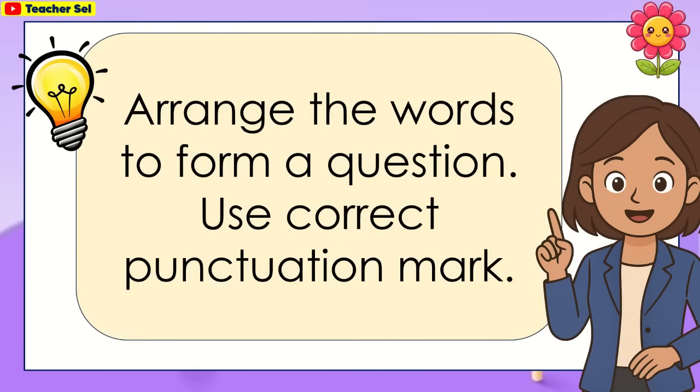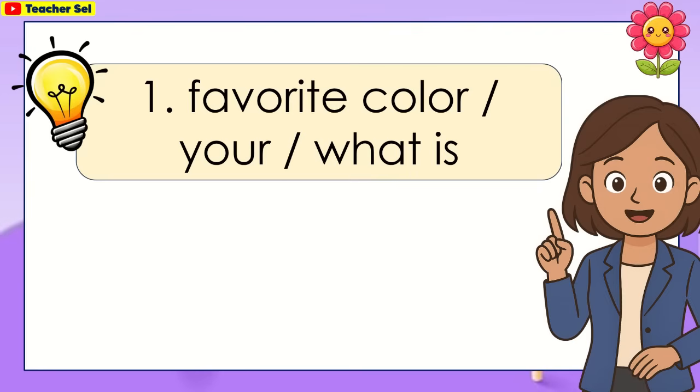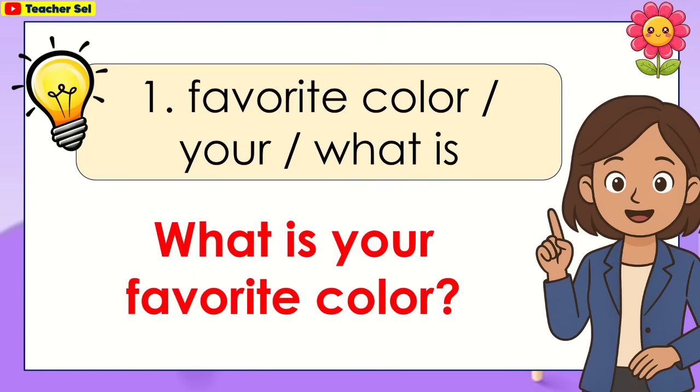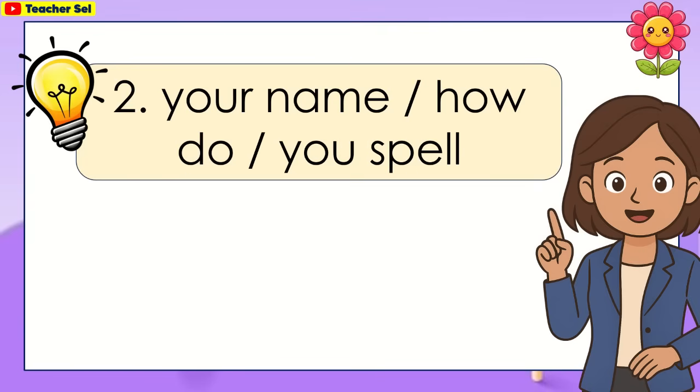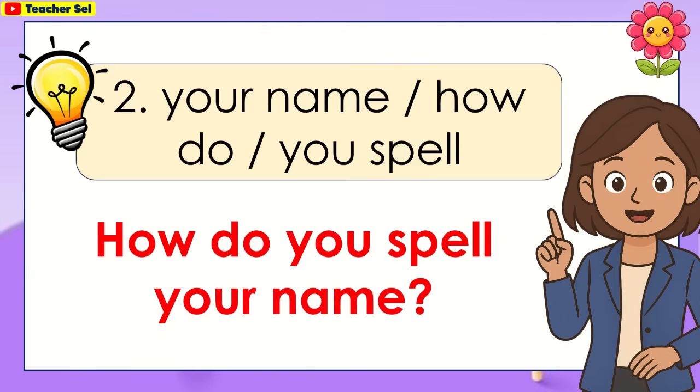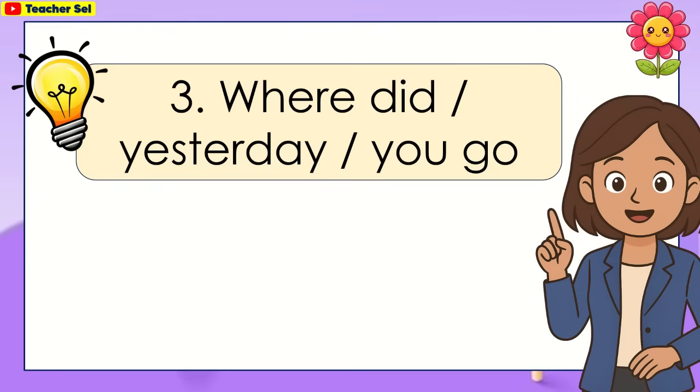Arrange the words to form a question. Use correct punctuation mark. Favorite color. Your what is? What is your favorite color? Your name. How do you spell? How do you spell your name? Where did yesterday you go?